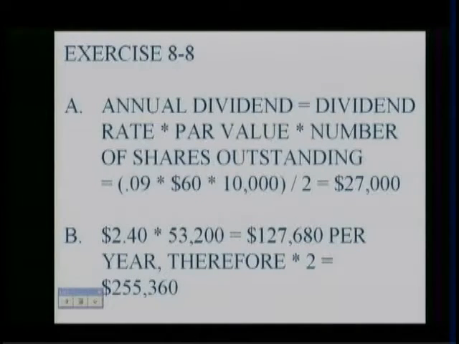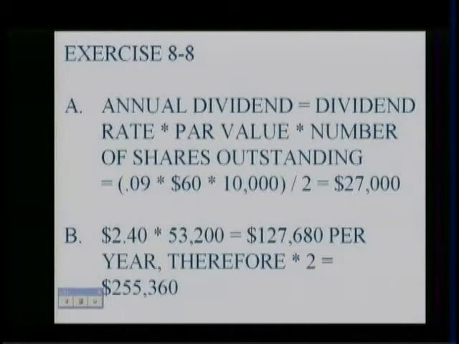And we've got 10,000 shares of stock. So we take 9% times 60 times 10,000, and we take half of it, $27,000 total. We take half because these are semi-annual dividends, which means we pay $54,000 out over a whole year, so we only pay 4.5% each of the 6 months.